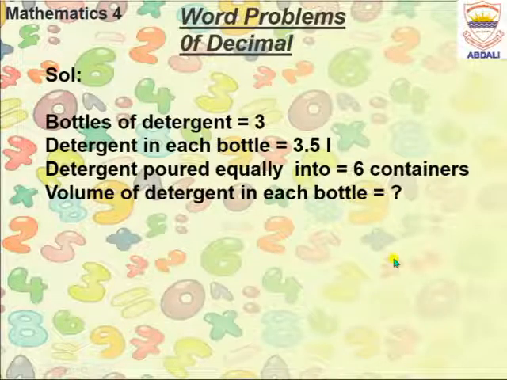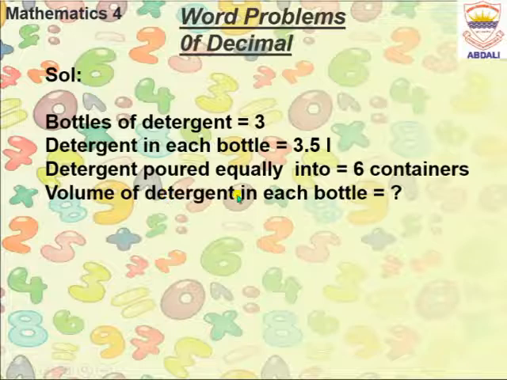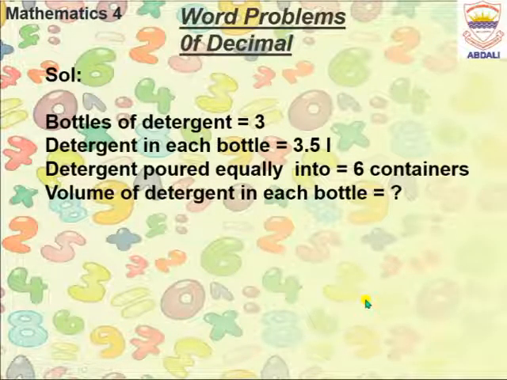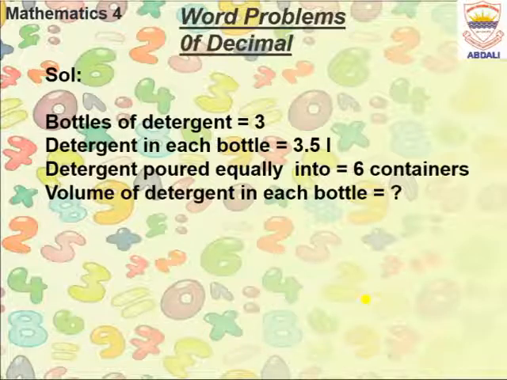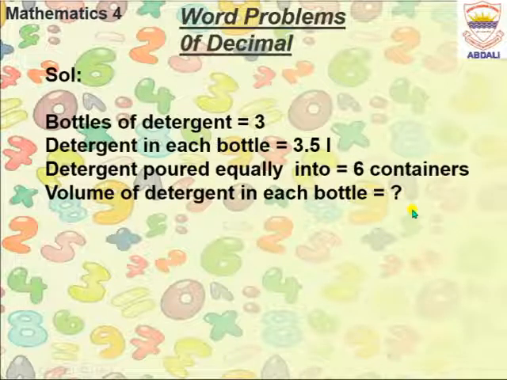Okay, so think about it. What we need to find out is the volume of detergent in each container. Tell me what we will do. We have 3 bottles of detergent. Each bottle contains 3.5 liter, and we will divide the total detergent into 6 containers.